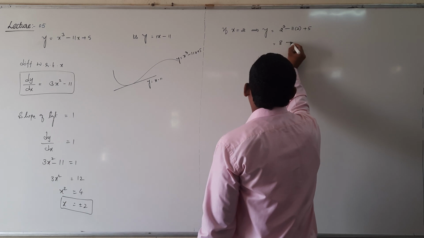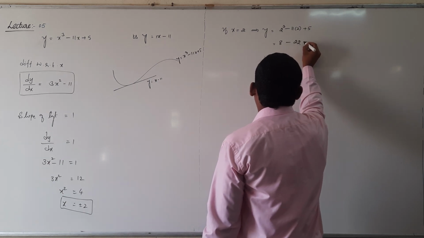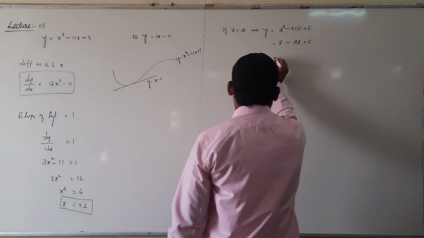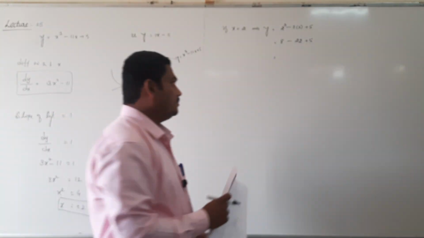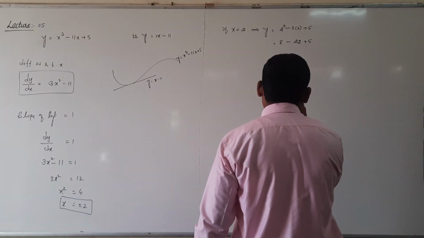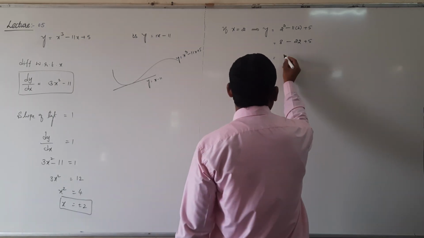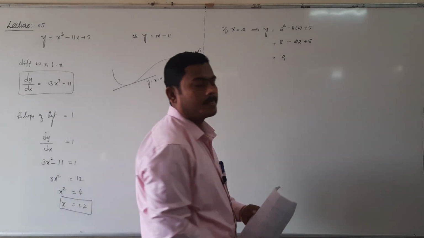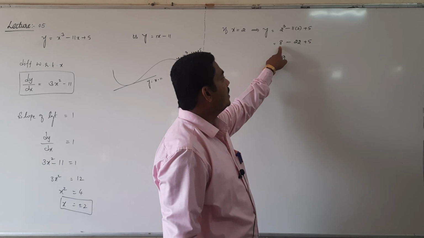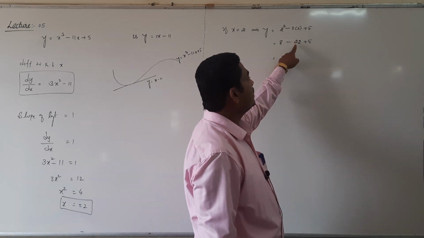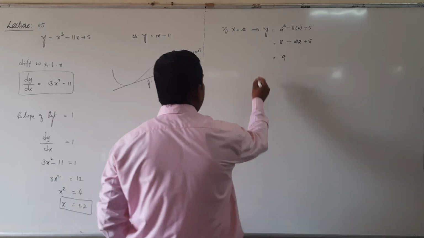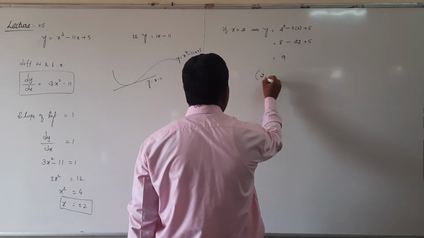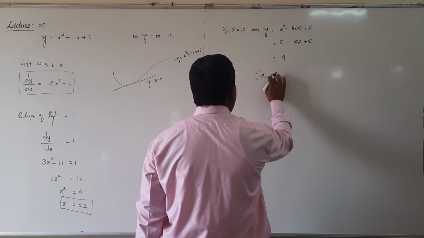That is 8 minus 22 plus 5, right? 8 plus 5 is 13, 13 minus 22 is minus 9. Clearly we get 9 only. Means one of the points is 2, 9.